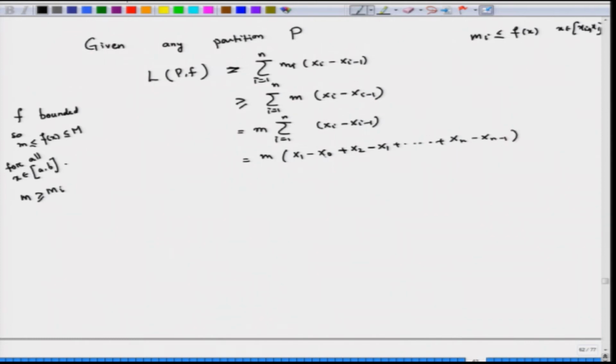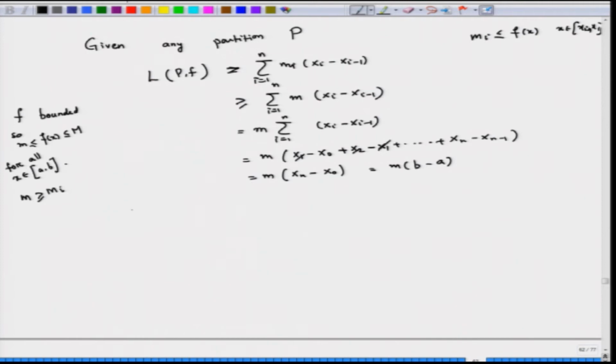Now, this is a telescopic sum. So x_2 gets cancelled with the minus x_2, and what you are going to get is x_n minus x_0. But what is your x_n? This is nothing but b minus a.